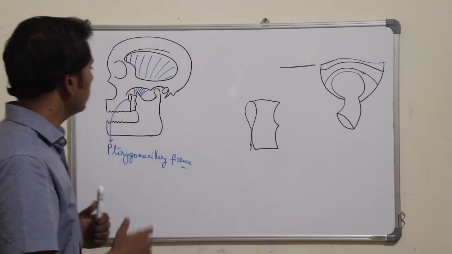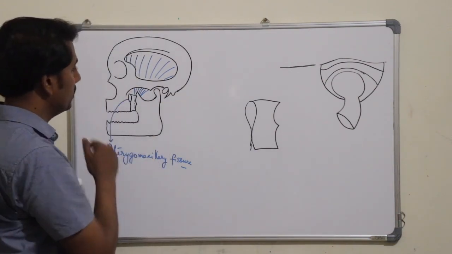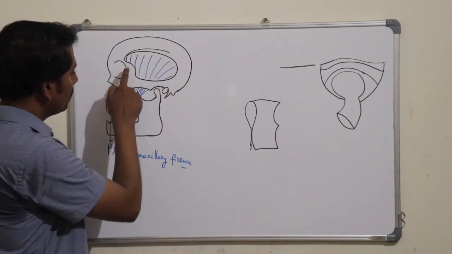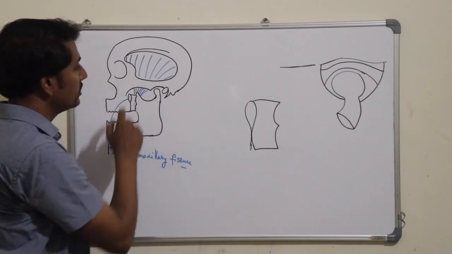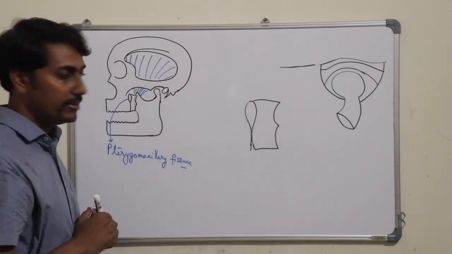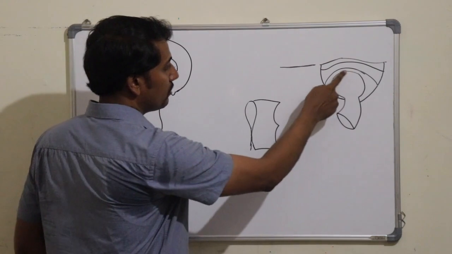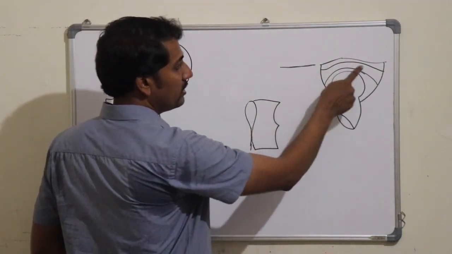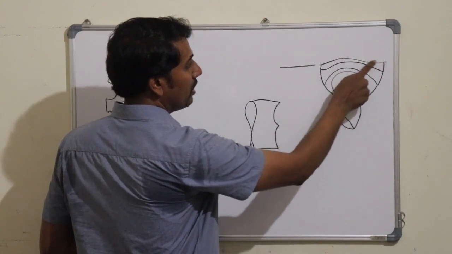Now let us again see this lateral view of the skull. If we remove this zygomatic arch and enlarge the lateral view of the skull in this diagram, we can see this was the condylar process of the mandible forming the temporomandibular joint with the mandibular fossa.